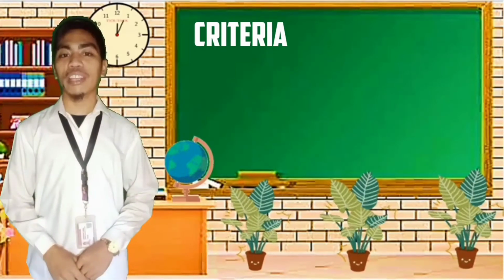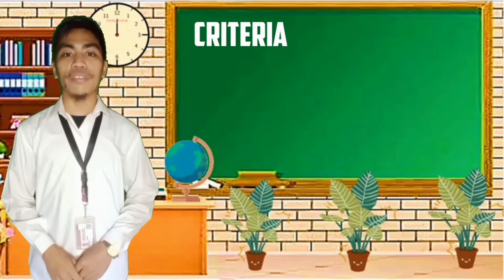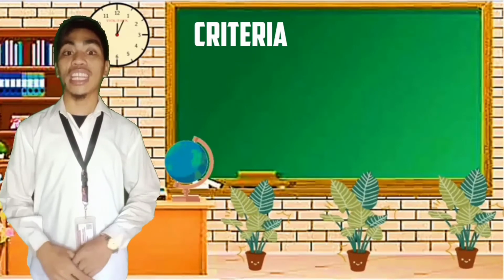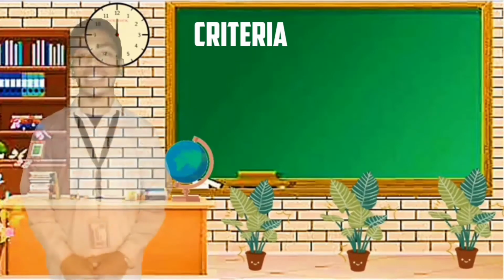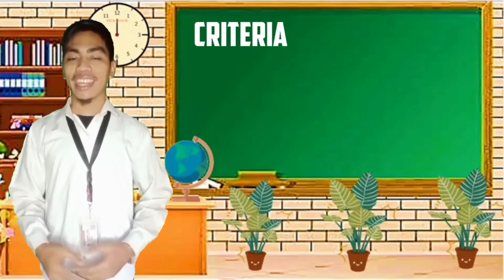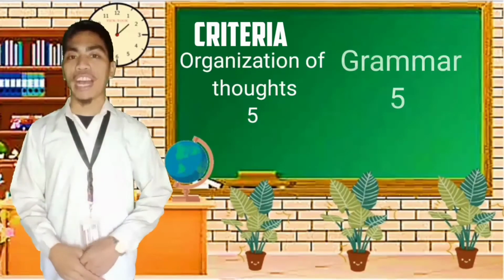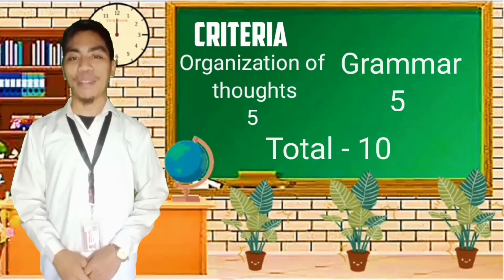Not only essay writing will have a criterion, it may be applied to any forms of evaluation that has an explanation apart. For instance, in grading an essay type of exam, for our criteria, for the organization of thoughts, we have 5 points. For the grammar, we have 5 points and a total of 10 points.